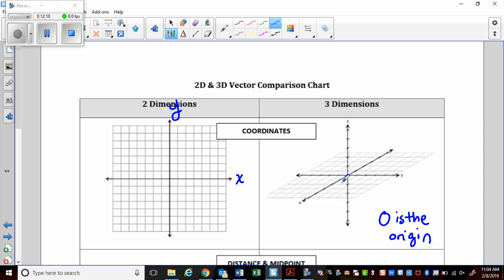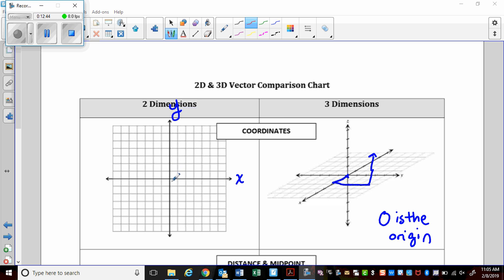So on x, we can go over maybe 2 units on the x-axis. We can go over 1, 2, 3, 4 units on the y-axis, and we're actually going to go up on the z-axis. So maybe like this. Okay.